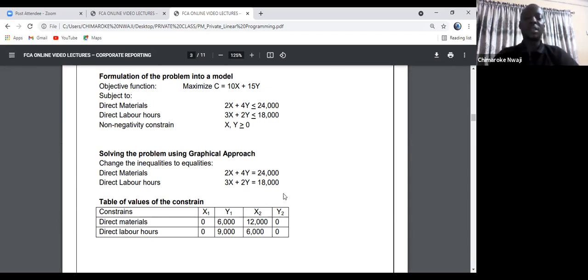Now, a point in a graph is a location that is identified by x and y. Just like on Earth here, each place is identified by the longitude and latitude. You can never get a place if you don't know the longitude and the latitude.